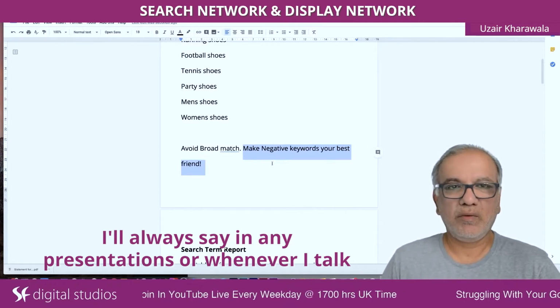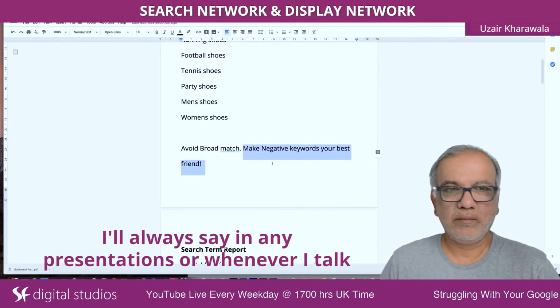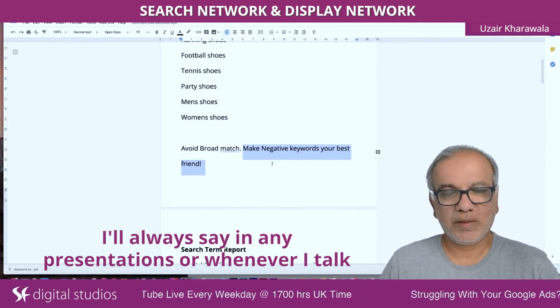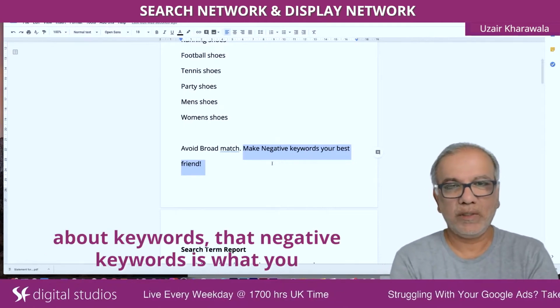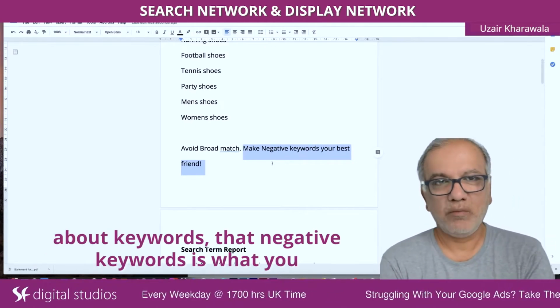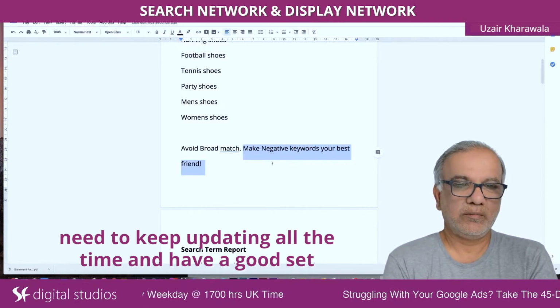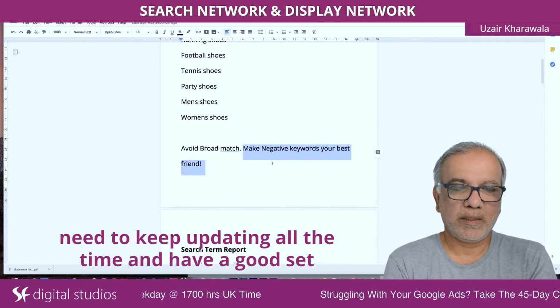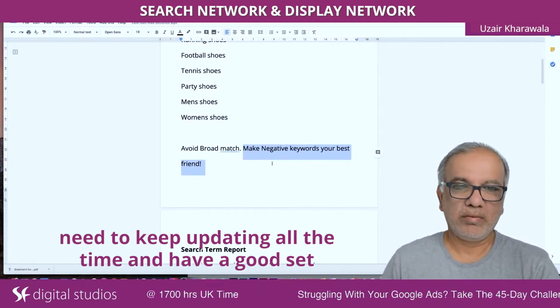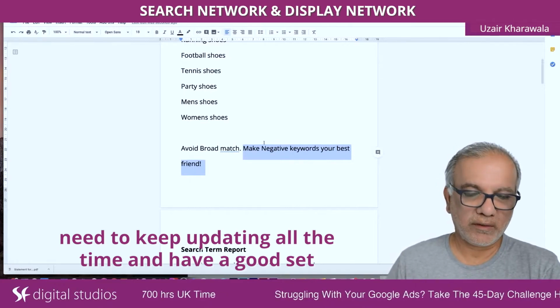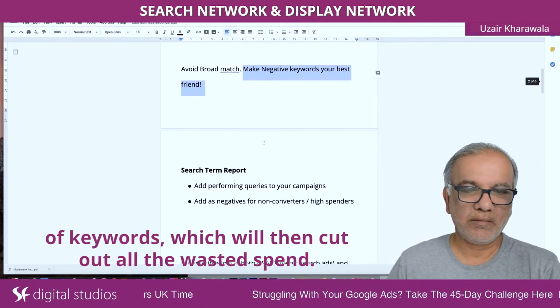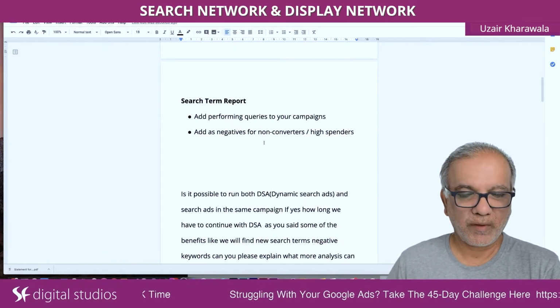I'll always say in any presentations or whenever I talk about keywords, that negative keywords is what you need to keep updating all the time, and have a good set of keywords which will then cut out all the wasted spend.